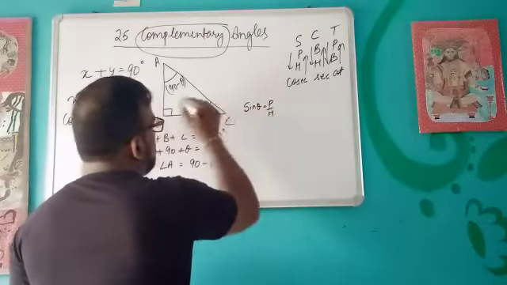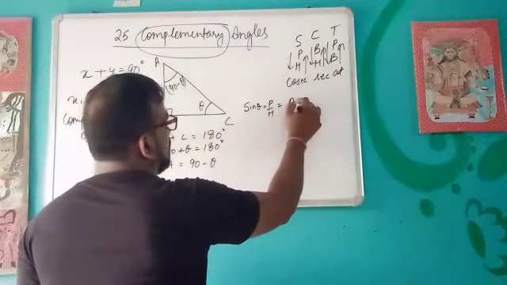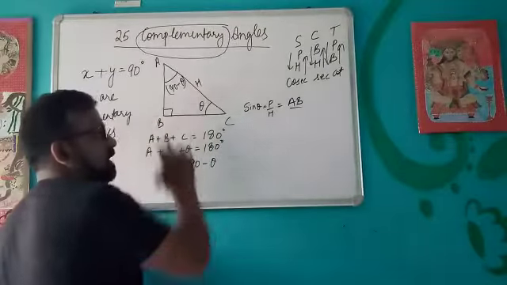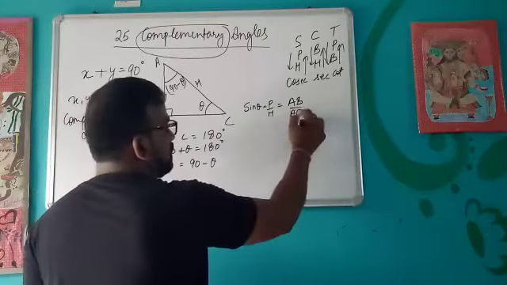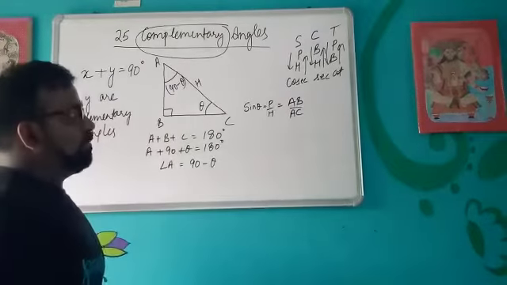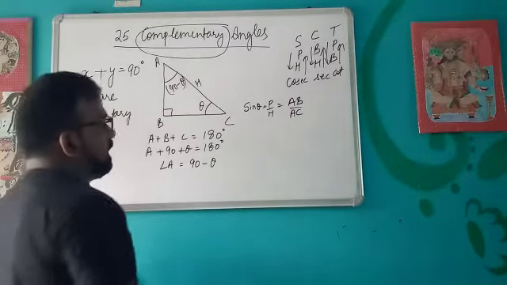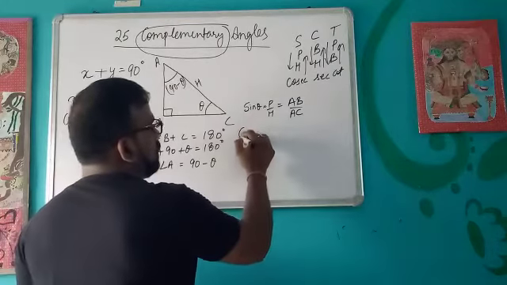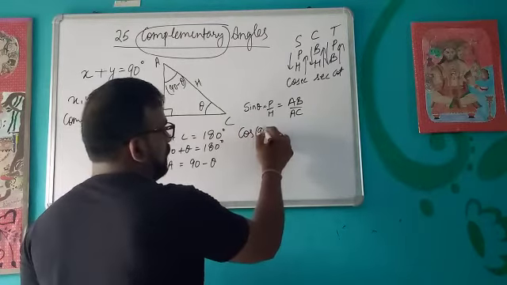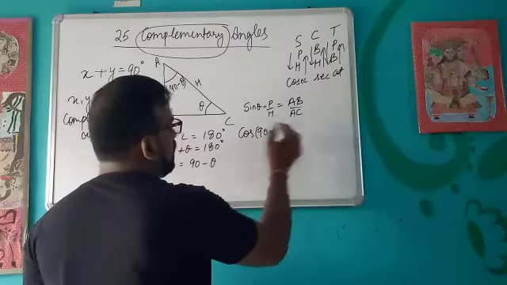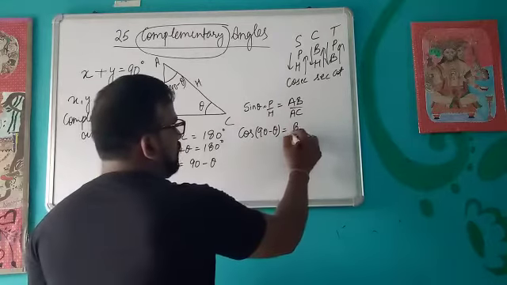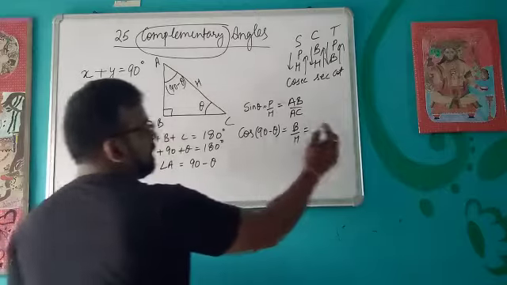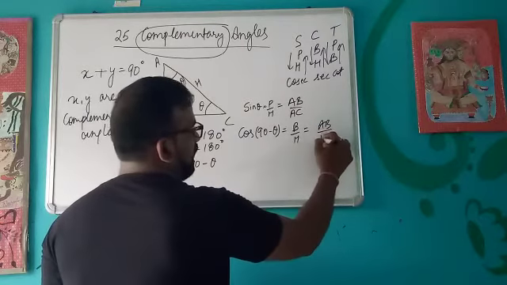Now for this theta, what is your perpendicular? AB, and definitely AC will be the hypotenuse because this angle is 90 degrees. Now if you look very carefully and calculate the value of cos of 90 minus theta, so what is cos? B upon H. For this 90 minus theta, what is your base? Base will be AB, and hypotenuse AC.